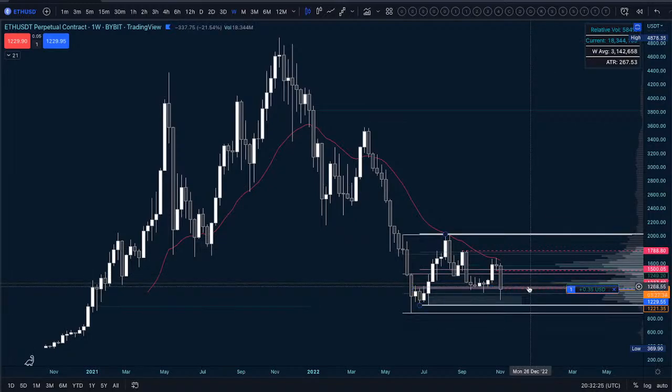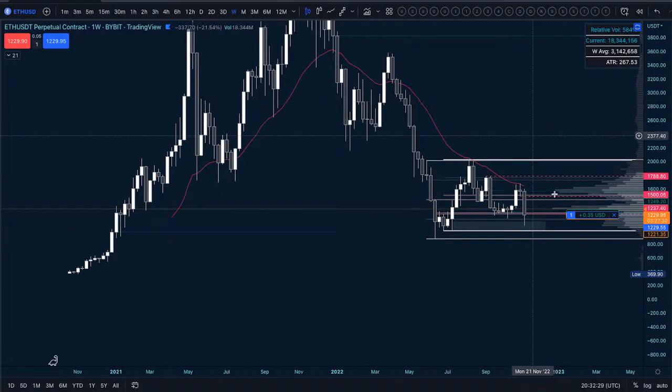See, if ETH weekly closes above that pink today, that would be a protected low and just sweep, and that would give me a reason to be long on ETH, because this is the weekly low, right?